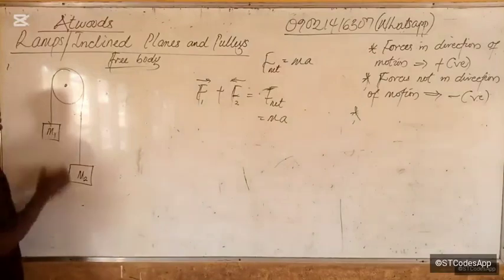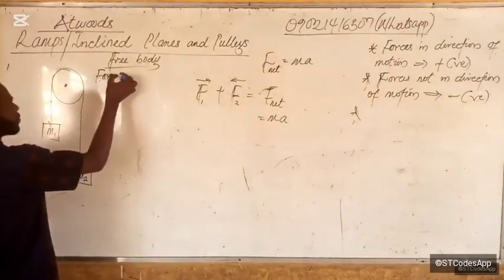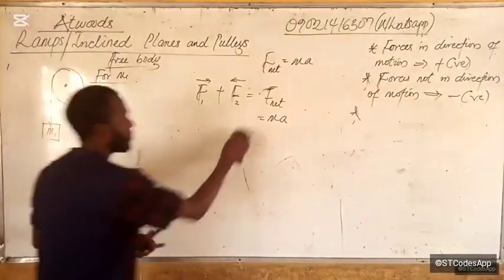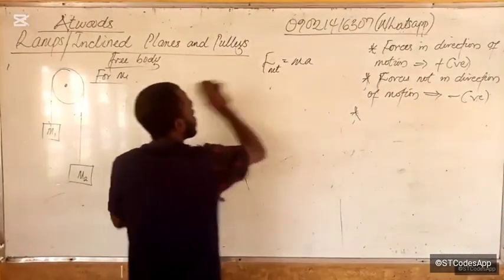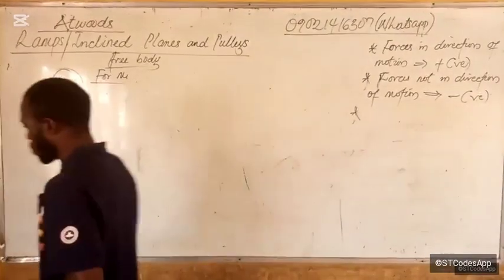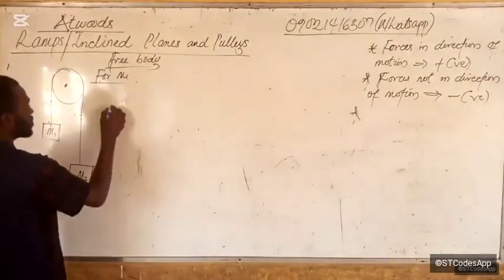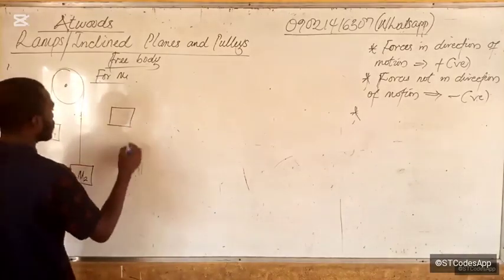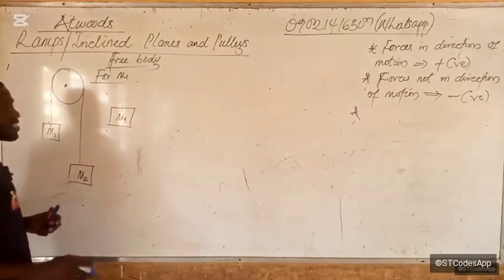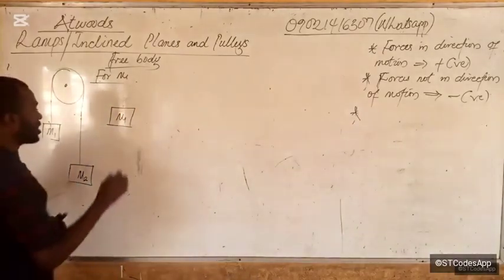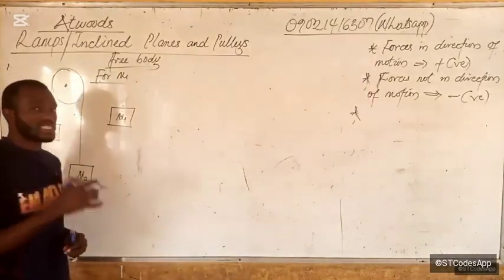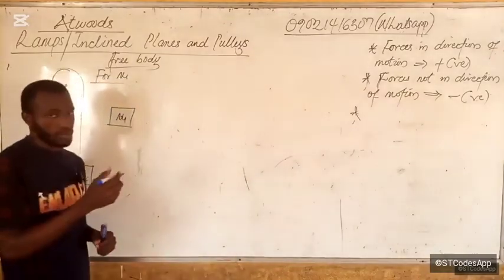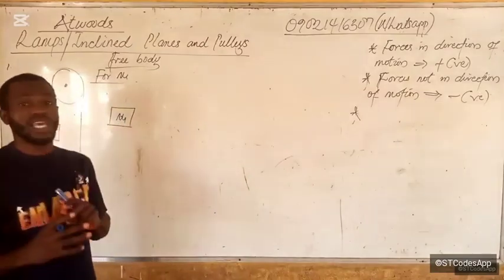All right. So for M1 now, let's write for M1. I'd like to clean that. So the free body of M1 will be like this. We say the free body is the sum of the forces acting on the body. So M1 is here. Now there is a force acting at the center of this body, because we are assuming M1 is a regular body.